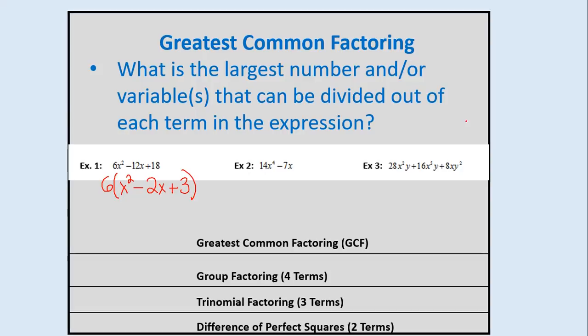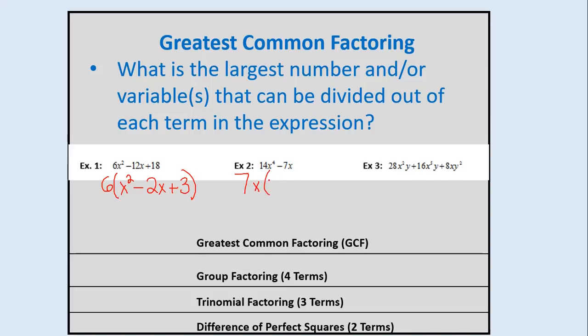So let's try example 2 here. I need to see what I can factor out of both of those terms. Let's check for numbers first. 14 and 7. Looks like we can take 7 out. And then they both have an x in there. So I've got to see what's the largest number of x's that I can factor out of both of them. Well, this one has 4, this one has 1. So both of them can give 1x.